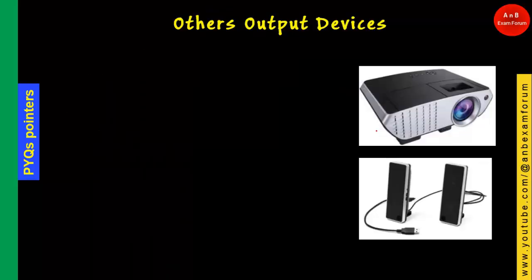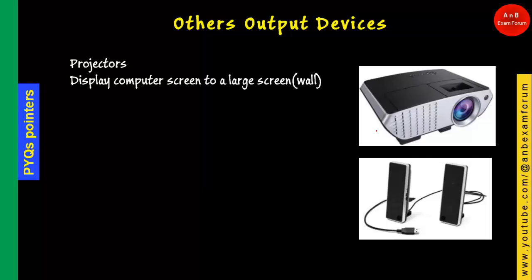Coming to other output devices, the very easy one is a projector. In schools and colleges during seminars we use projectors, where a computer screen is displayed onto a large screen or the wall. It projects whatever the computer screen is displaying onto the large screen. It is generally for a larger audience. The next output device is a speaker.